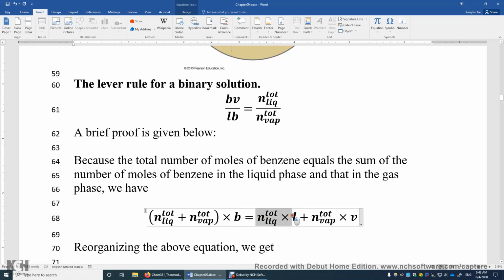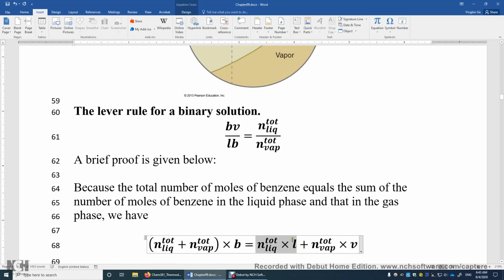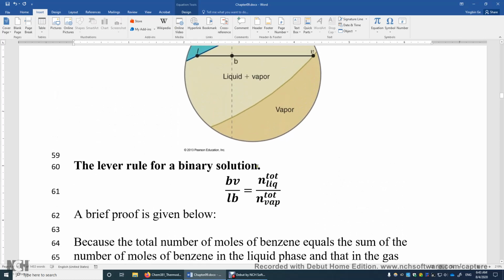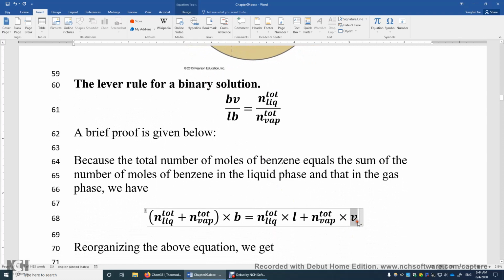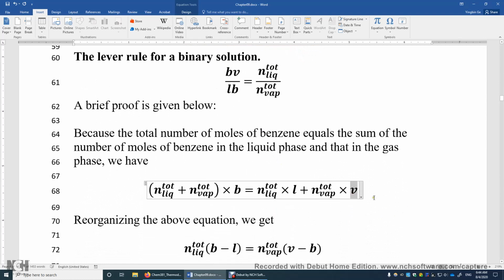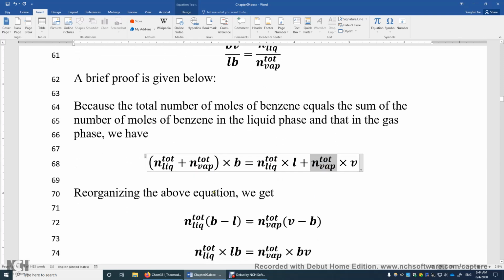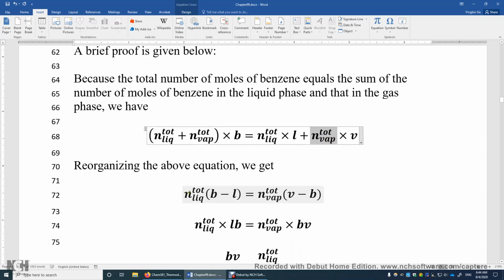And over here, this gives you the number of moles of benzene in the liquid phase. Again, L is the mole fraction of benzene in the liquid phase. V is the mole fraction of benzene in the gas phase, times the total number of moles in the gas phase. So this is a very simple equation, and then it's just algebra. You move things around and you get this equation.